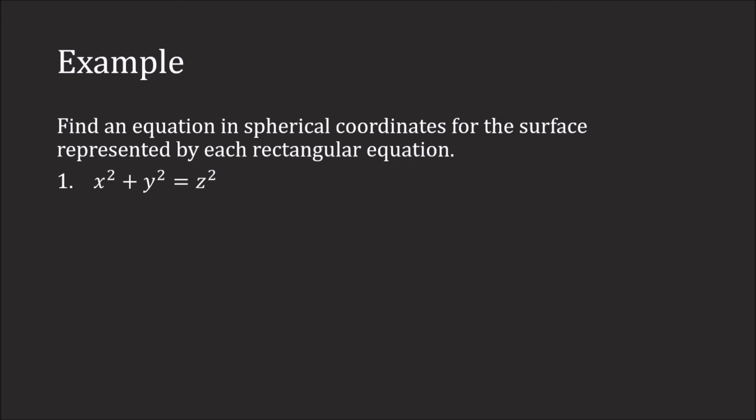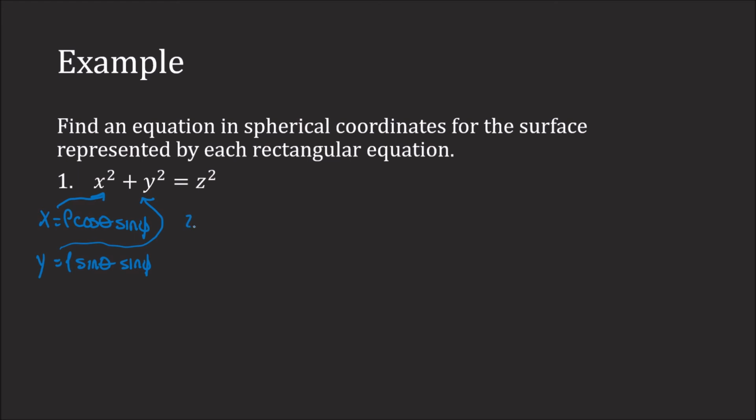So now we wish to find an equation in spherical coordinates for the surface represented by the rectangular equation. So we know that x is rho cosine theta sine phi, so that takes care of that. We have y is rho sine theta sine phi, so that takes care of that.